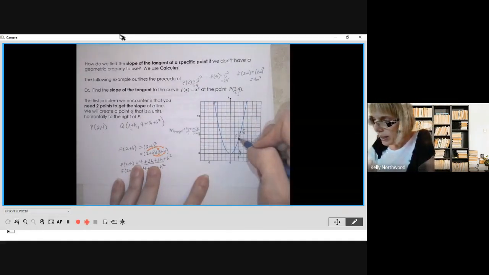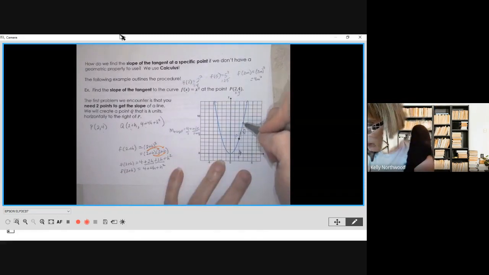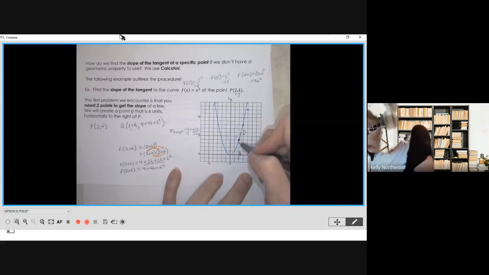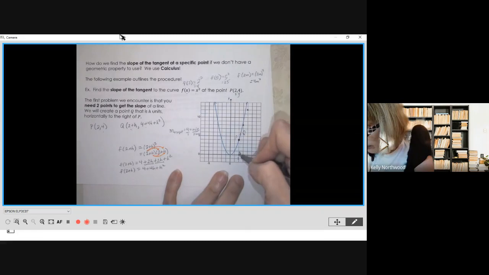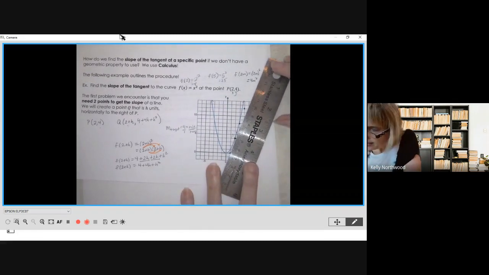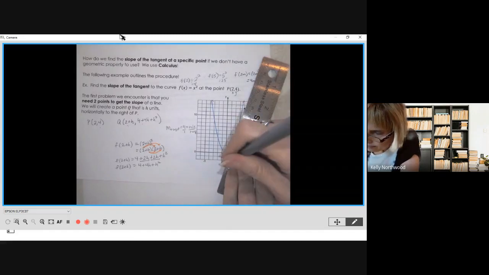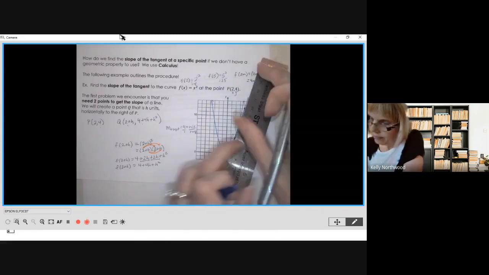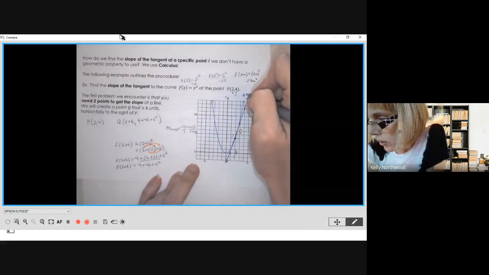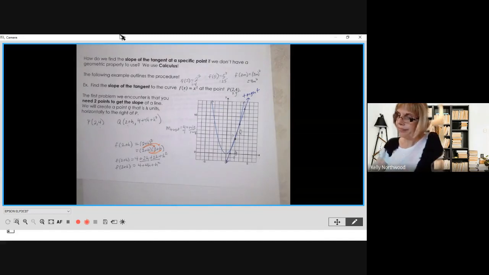So from our point P, we would go up 4 and to the right 1, reverse it down 4 to the left 1, join our points, and we should have a nice tangent drawn in. So there is the tangent at the point 2, 4, and we know it has a slope of 4.